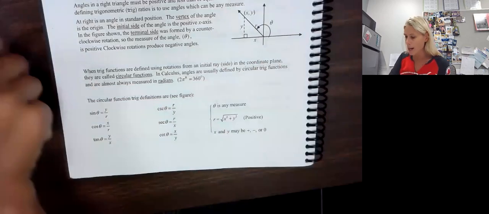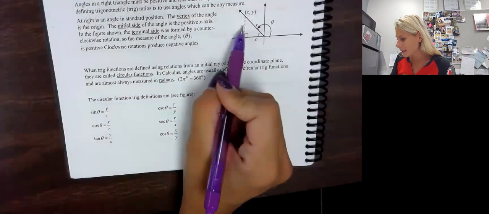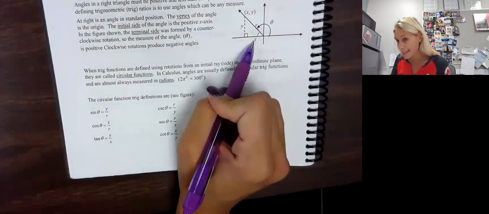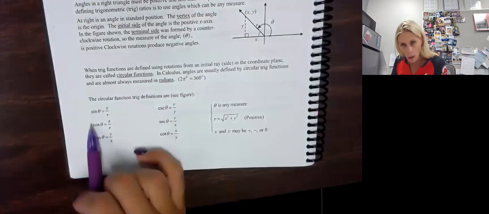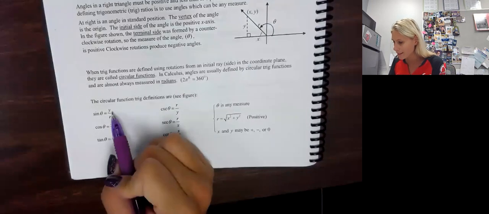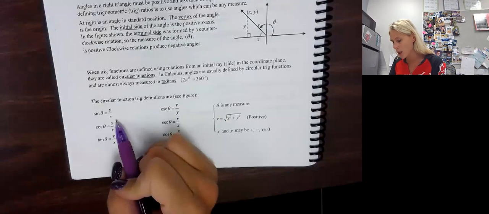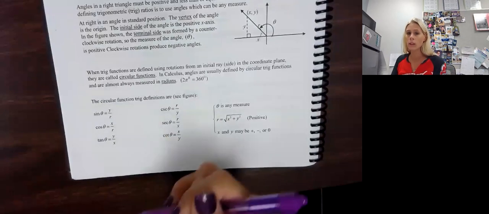So this is why when we have an angle right here, the opposite is y, the adjacent is x, and the hypotenuse is r. So this is another form to write it in. So instead of saying opposite over hypotenuse, we say y over r, x over r, y over x, and so forth.